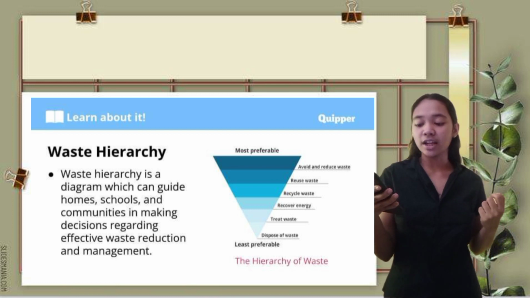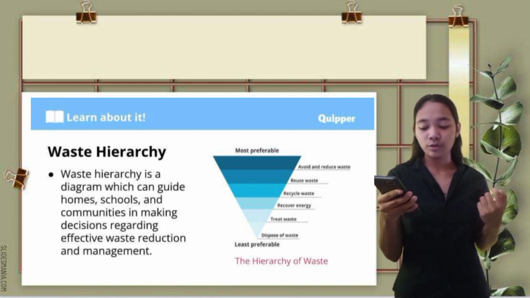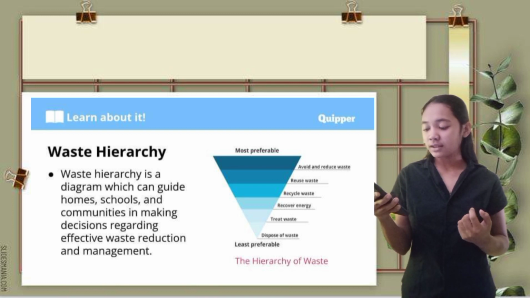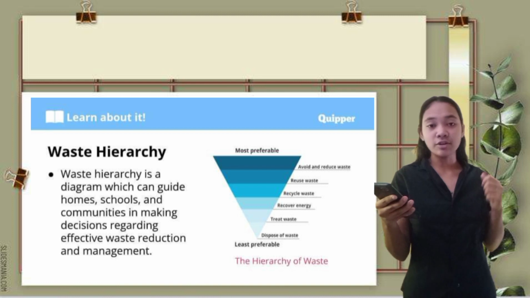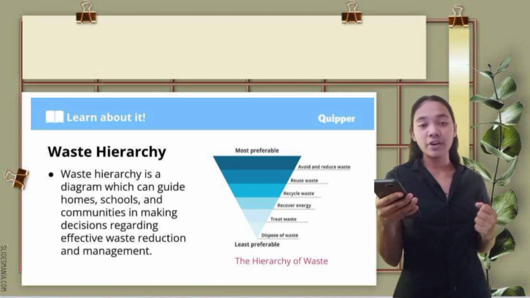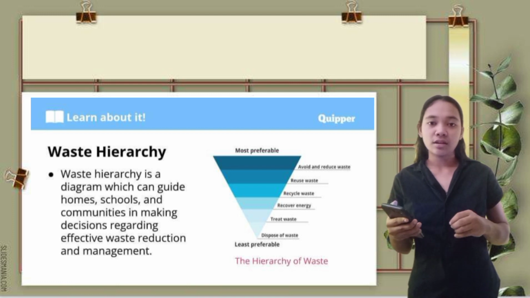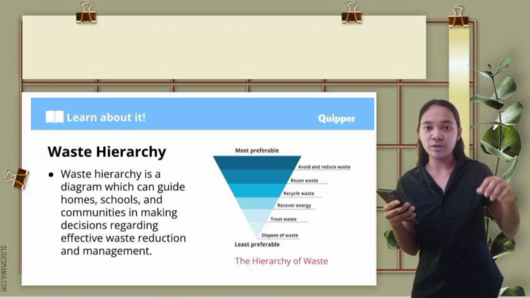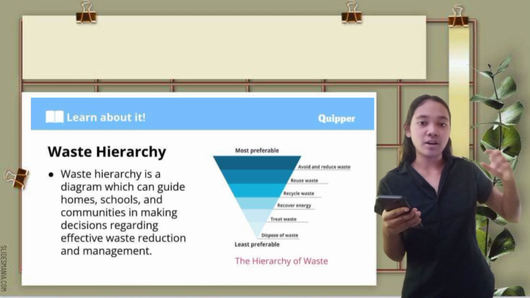We have avoid and reduce waste. Next, reuse waste, recycle waste, recover energy, treat waste, and the least preferable one is dispose of waste. Disposing of waste is the least preferable since if we only dispose of our waste, it is like we are adding more waste since we cannot use it again. It is like a dump or piles of waste.